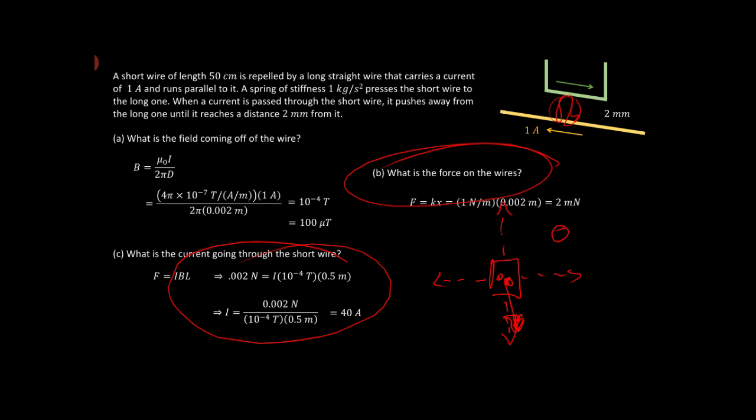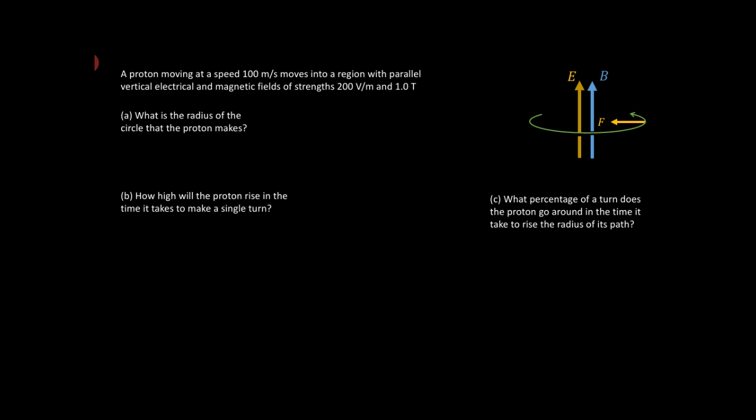So t equals 2 pi times 1.04 micrometers over 100 meters per second. Okay, so let me go to the calculator and cancel out the 2's.